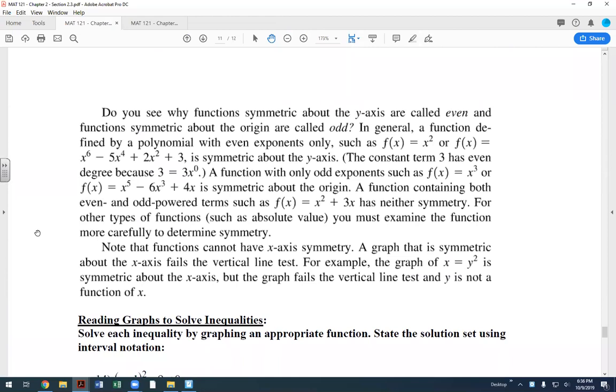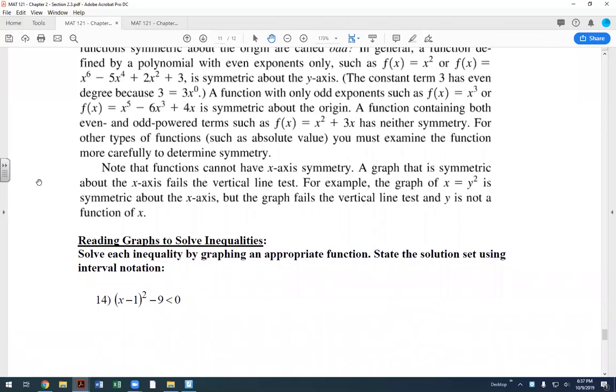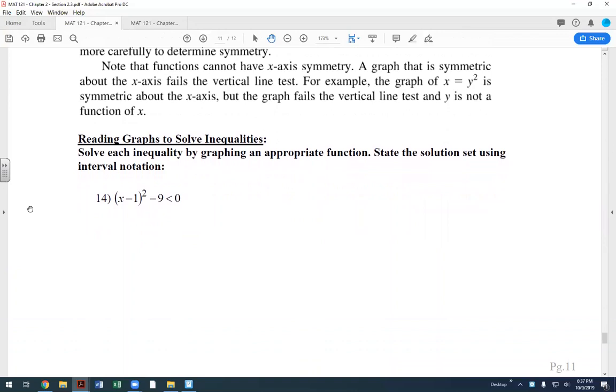So you can just look at the exponents for the given function and decide if it's going to be an even function or an odd function. That can also help you determine what kind of symmetry you have. And I already kind of talked about why we're not using the x-axis symmetry, because then your graphs end up not being functions. They fail the vertical line test.